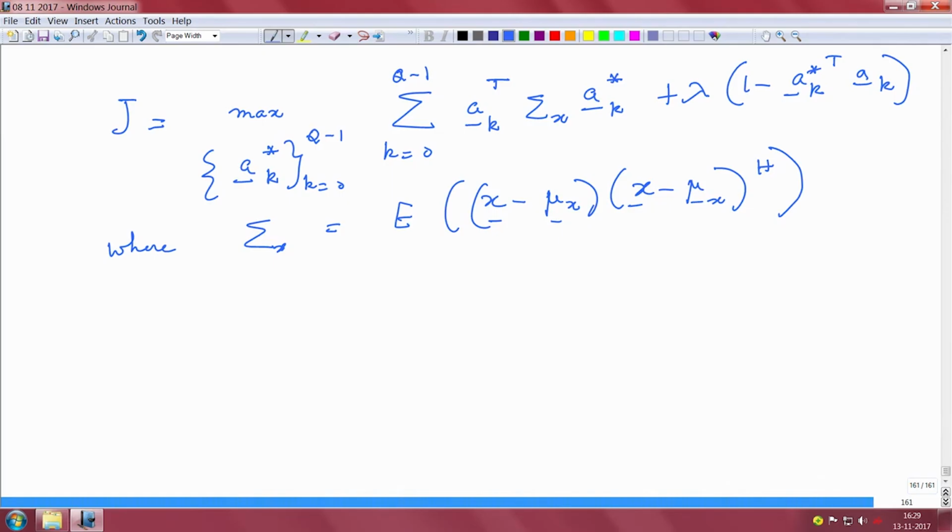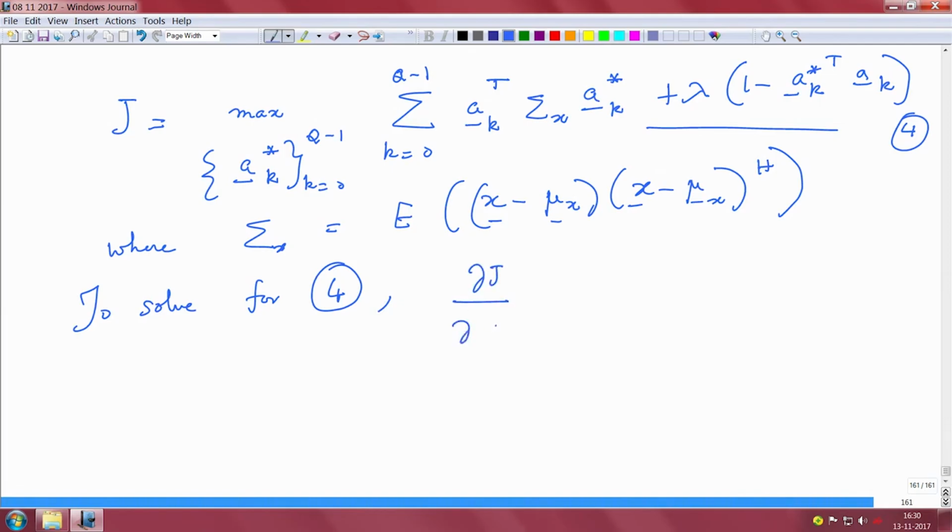I would call this 4. Now to solve equation 4, you want to maximize something subject to this, so you set the partial derivative of this cost J with respect to A_k conjugate to 0 for all k equals 0, 1, dot dot dot, Q minus 1.